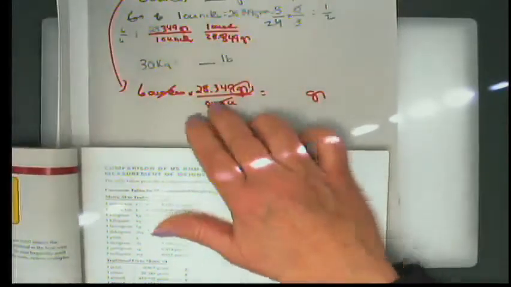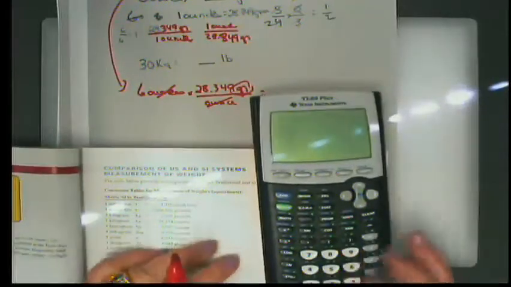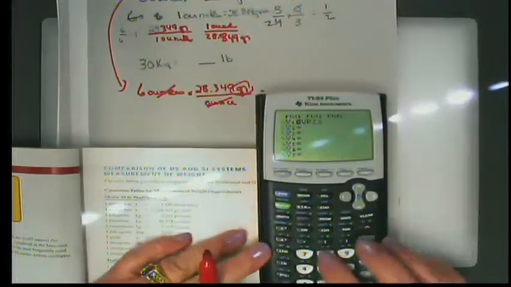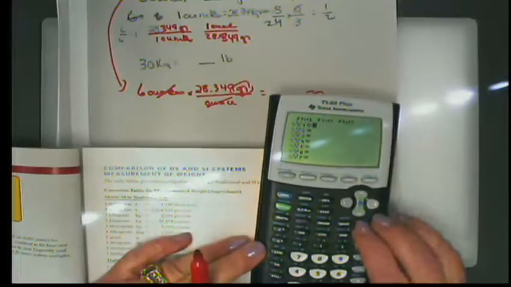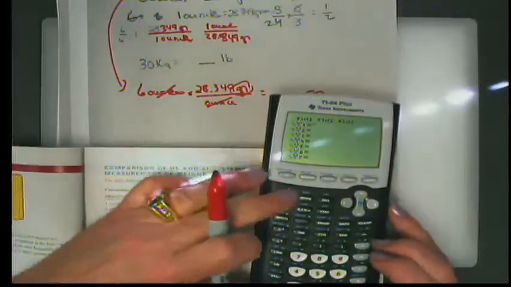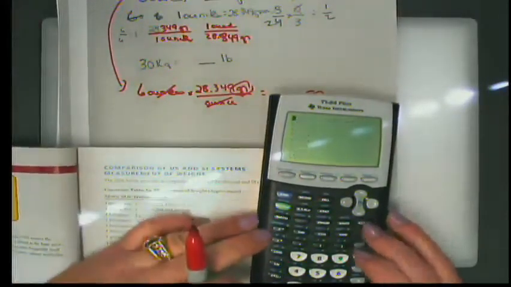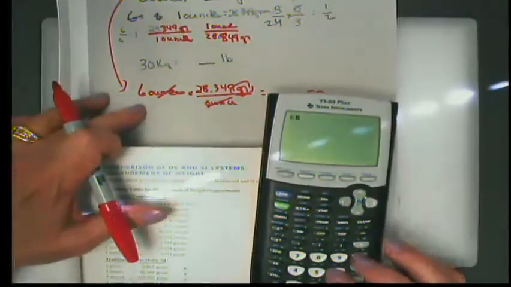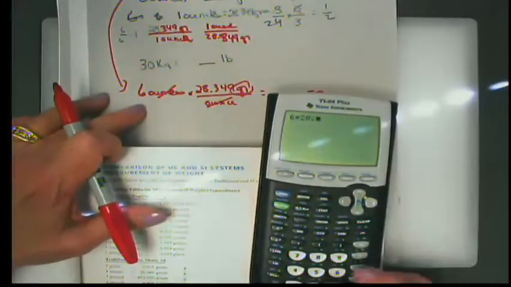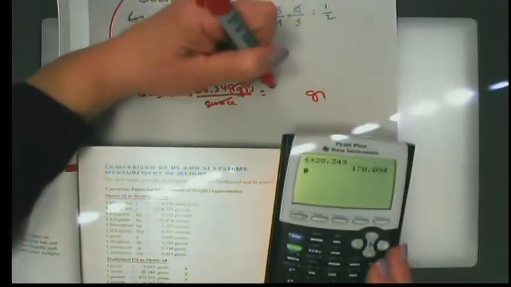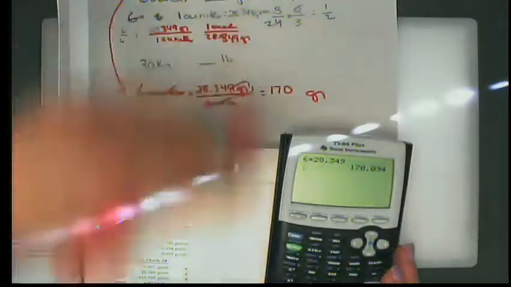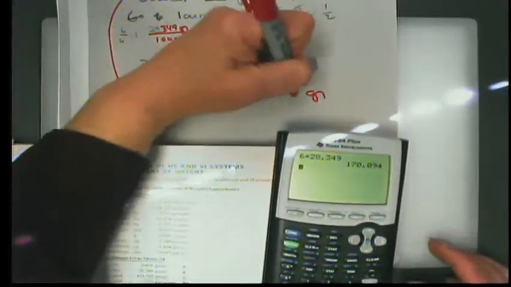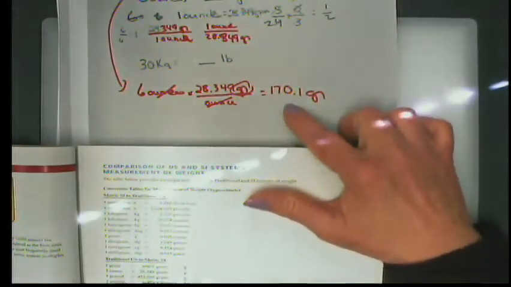So I can multiply 6 by 28.349, and that number is 170 and some change, 0.094, which could be rounded to that. Now this would be the correct answer.